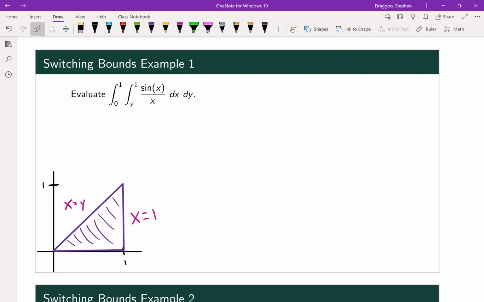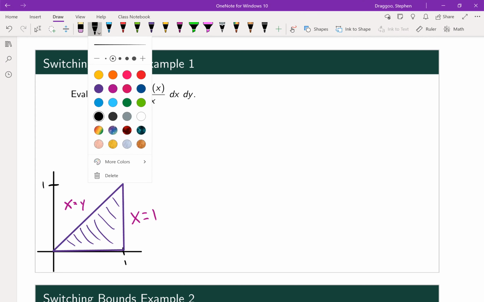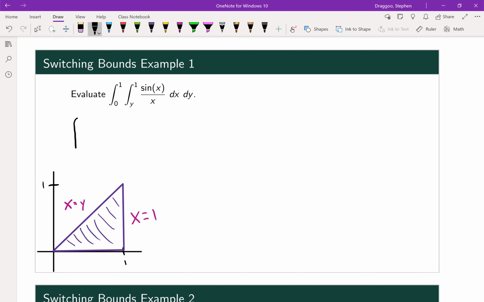But if we do the very first step, which is to integrate sine x over x dx, we have a bit of a problem. Since no amount of u substitution is going to help us out here, we just don't have an antiderivative for sine x over x.